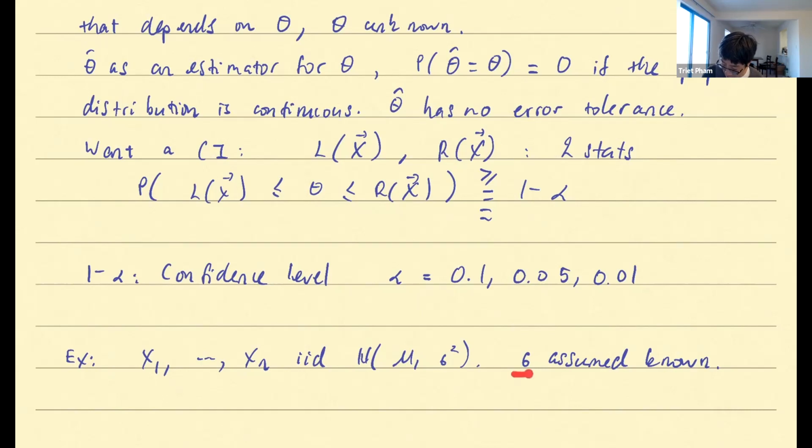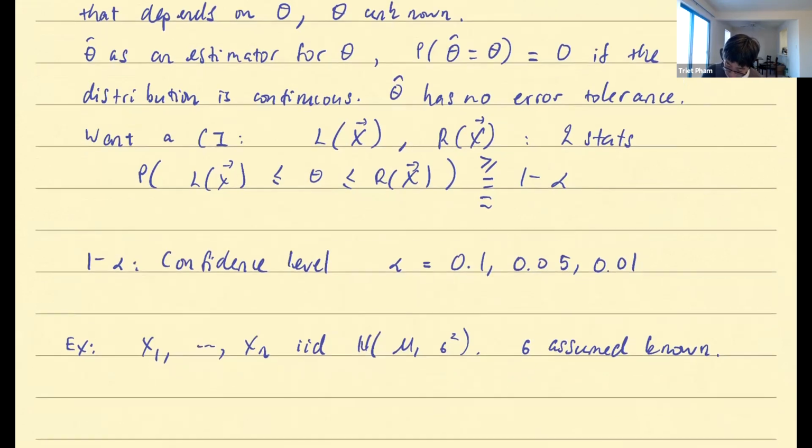But of course, assuming sigma known is highly impractical because population parameters are usually not known altogether. But here, it's assumed known just to make it easy to demonstrate ideas.